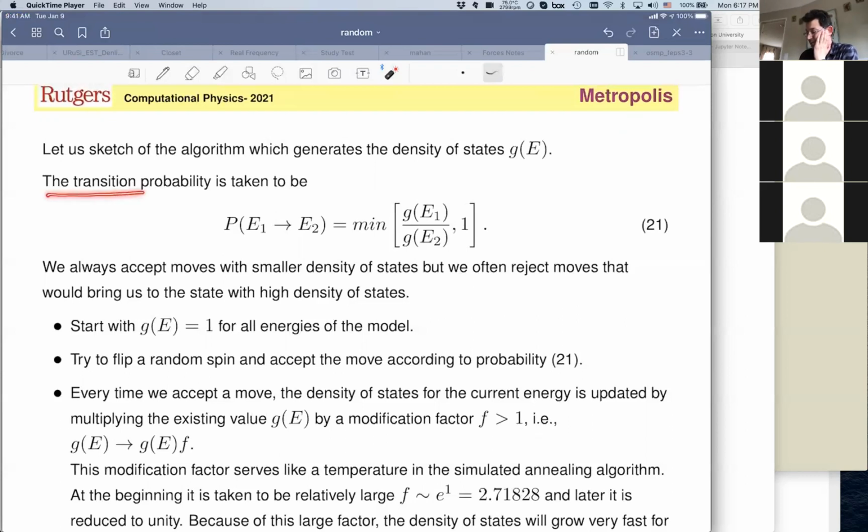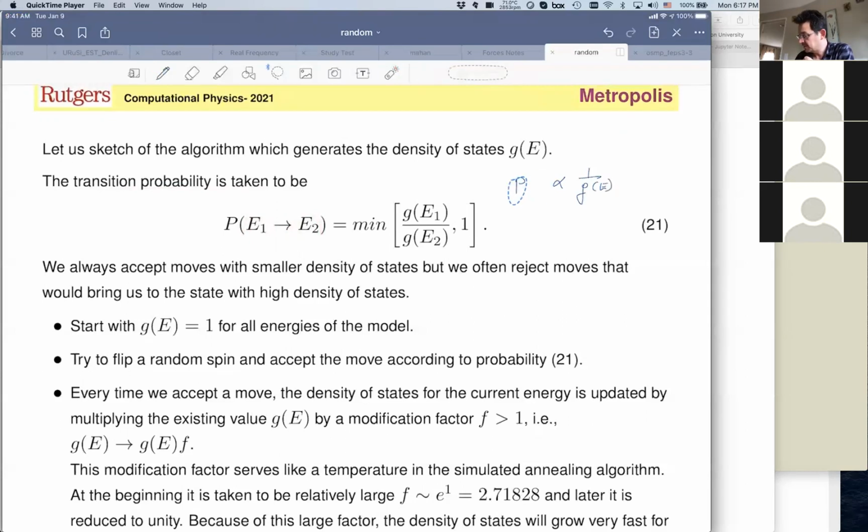The probability to be in a certain energy E has to be proportional to 1 over g(E), the number of many-body states. So P(E) is proportional to 1 over g(E), isn't it?